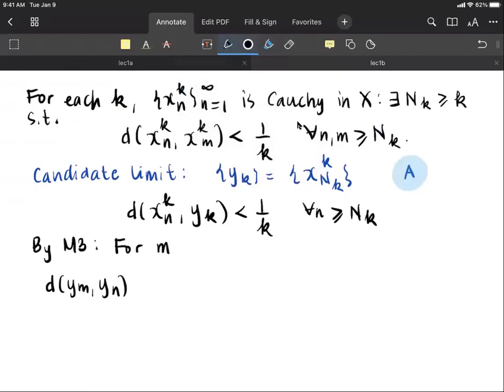For definiteness, let's say n is larger than m or possibly equal, and these are both greater than r. Then we need to introduce intermediate points.